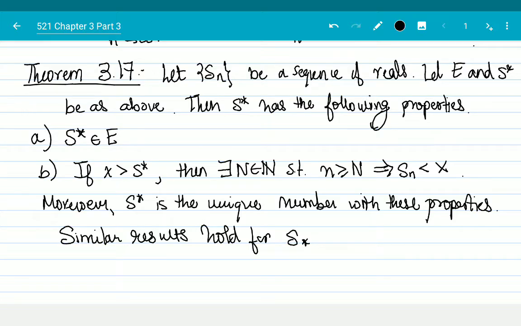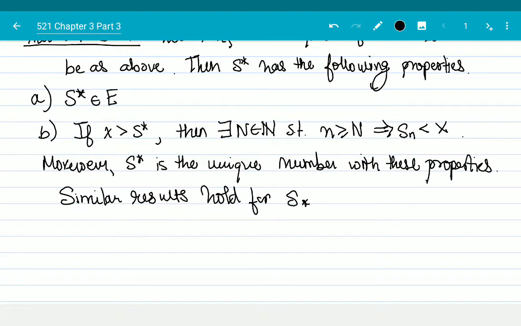In particular, the only difference would be in the second condition, part B: if x is smaller than S lower star, then there exists an N in naturals such that n greater than or equal to N implies Sn is actually greater than x, would be what the condition would read. Proofs are relatively simple.